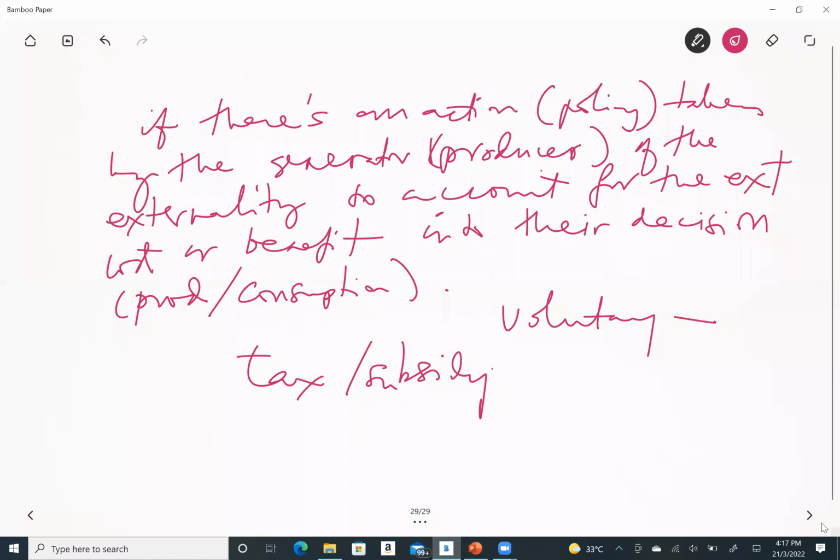What is voluntary internalization? Voluntary, you do it by yourself. So if you recall, what was our example last time? We have the example of the fertilizer factory, the fertilizer company, all right?